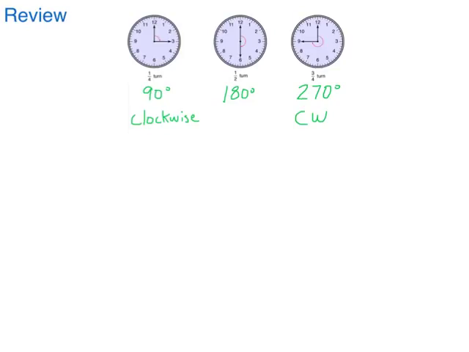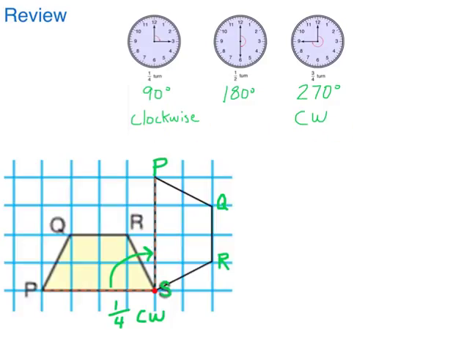So we used clocks to help us to understand rotations, how far and in which direction rotations happen. And then we tried some examples. We saw how trapezoid PQRS rotates 1/4 turn when it's rotating on point S. We took the line segment attached to the point of rotation, rotated it 1/4 turn, and then drew the rest of the shape.